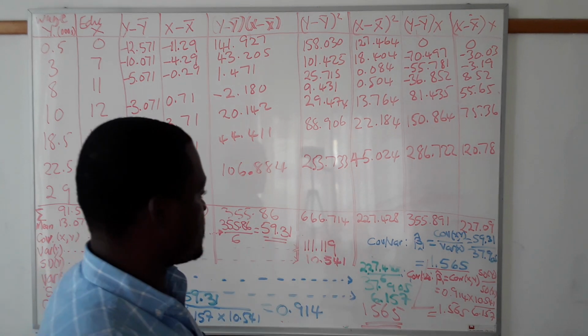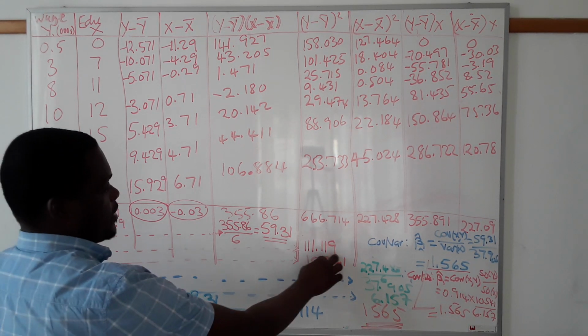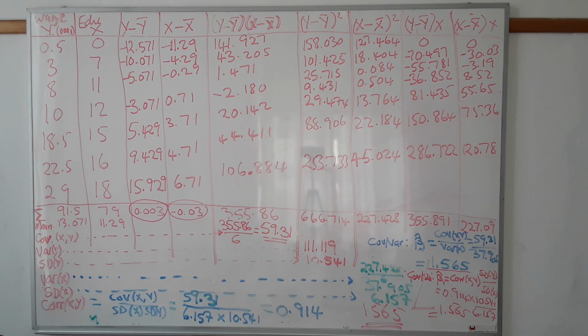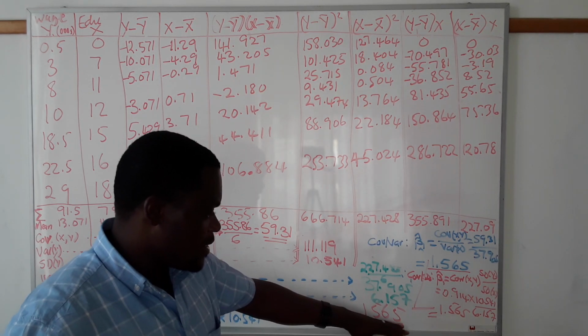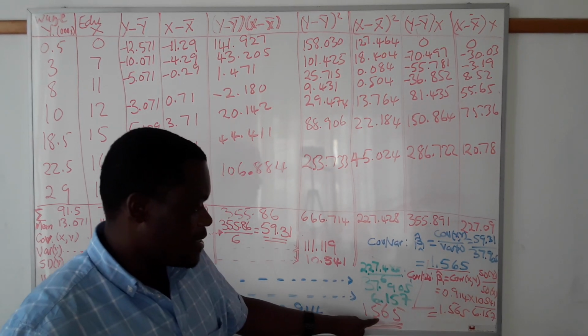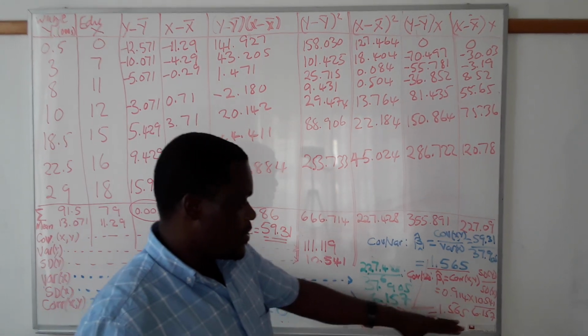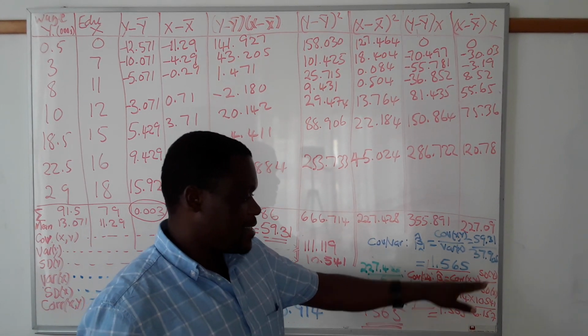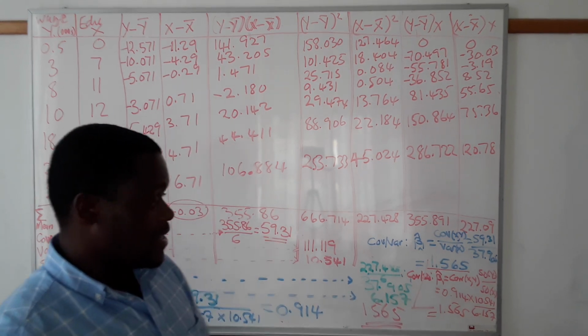If you multiply by 1,000, all of them will be adjusted, okay? But you don't have to worry about that. I'm just saying once you get the final answer, remember that it is in thousands. When you interpret it, you should know that it's in thousands.